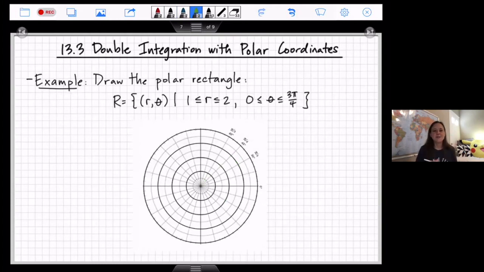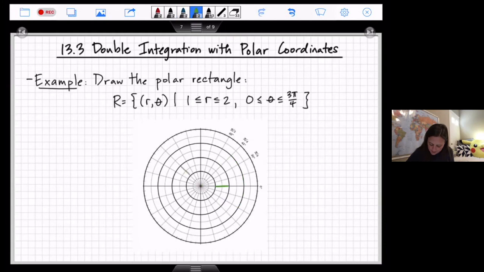All right, let's try to draw this one. If you feel like you're getting the hang of this, go ahead and pause the video and see if you get the same polar rectangle that I do. This time r is trapped between 1 and 2, so we're going to stay in between that first ring and the second ring. And our theta is going to range from 0 to 3 pi over 4, which is over in the second quadrant. So here's 0, in between that radius of 1 and radius of 2. 3 pi over 4 is our 135-degree angle in the second quadrant.